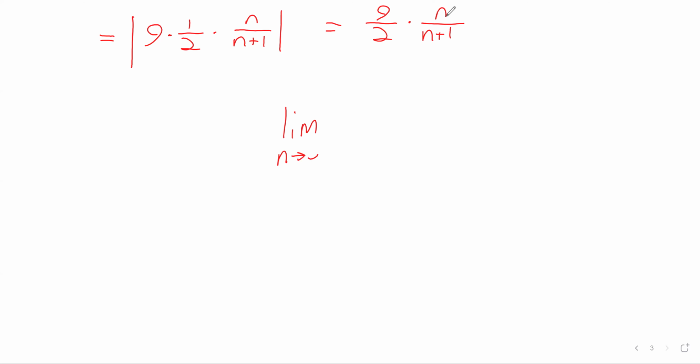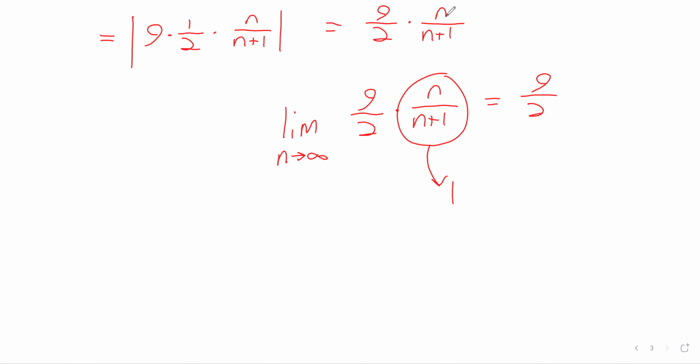We take the limit as n goes to infinity. That's going to 1. Can everybody see that? It's a quick L'Hopital's rule problem. The derivative of the top is 1. The derivative of the bottom is also 1.